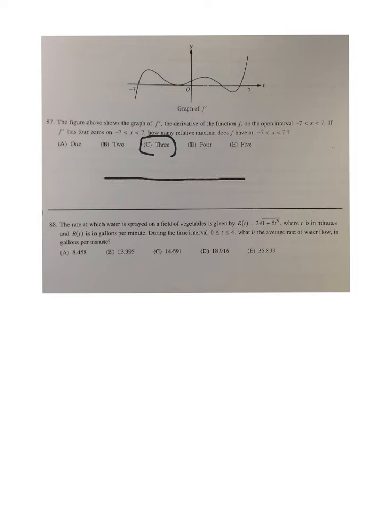Very simple. You're just going to do a derivative picture. I'm going to do a derivative sign chart, and I'm going from -7 to 7. I'm not really sure where I'm hitting the x-axis, but I'm going to look for changes from below to above the x-axis. So if I look at this one, I see that I start below the x-axis.